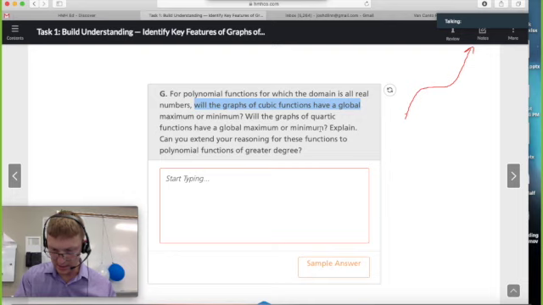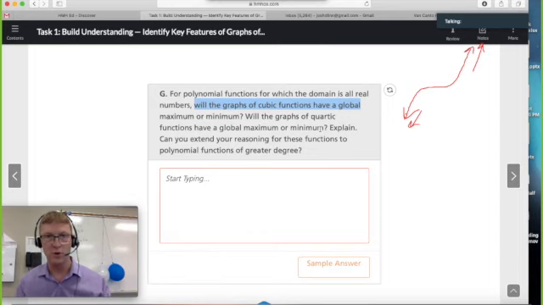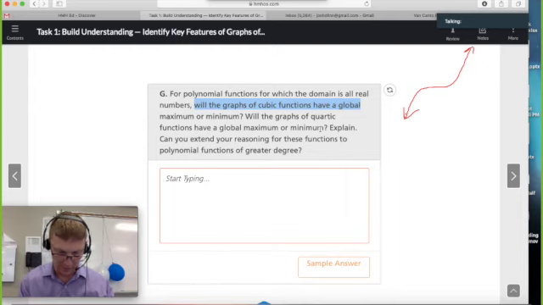looks like this. So this goes on for infinity, this goes down for infinity. So you're never going to have a global maximum or minimum because the function goes on forever. Whereas on the flip side, a quartic function looks kind of like a flattened out parabola.